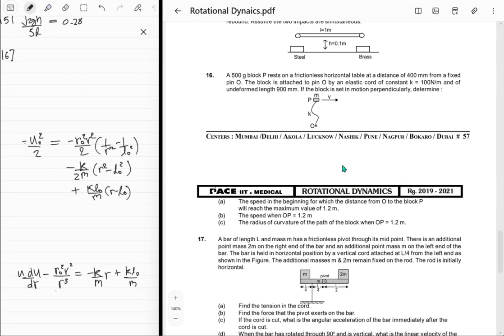Should I do this? I don't know. Even if I did somehow manage to form an equation, this would be a biquadratic. Okay, you could get that r minus l naught factor.